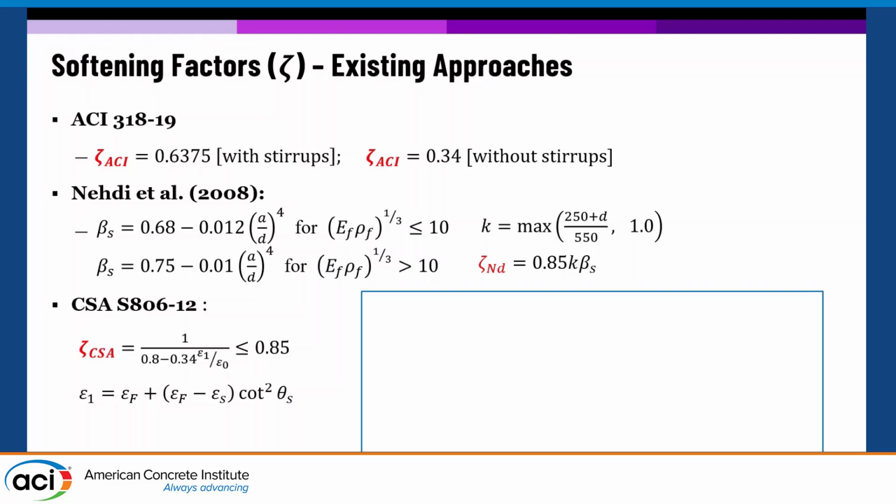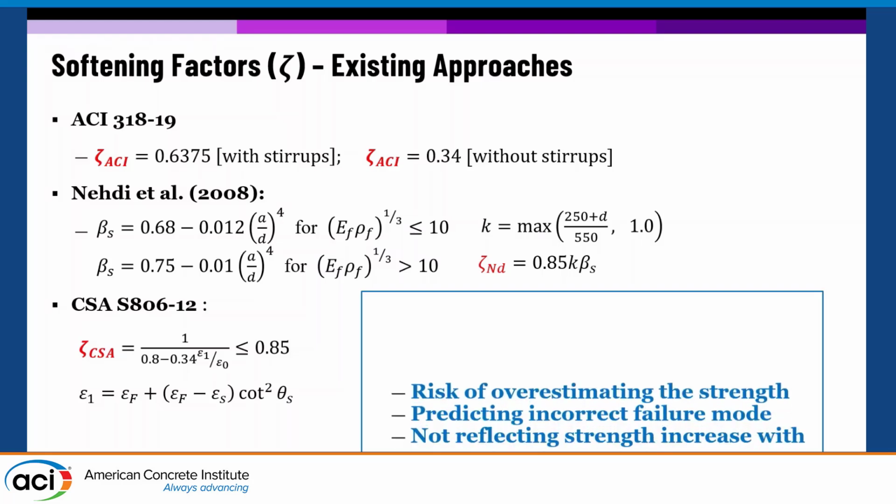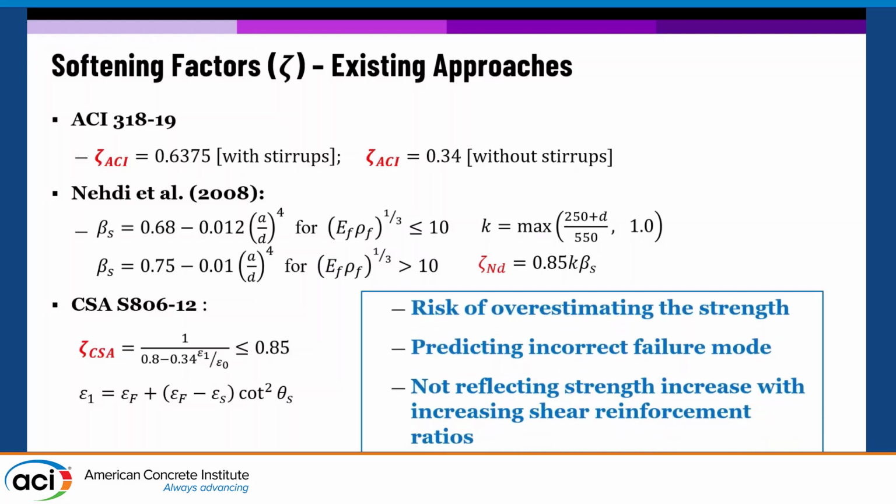But this one, especially, relies on this inclination angle. And this inclination angle depends on the number of stirrups. So now it became a little bit of a problem. We had overestimation of strengths. It's not only predicting strengths.